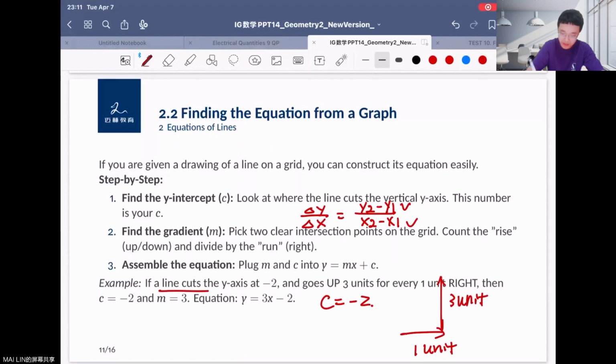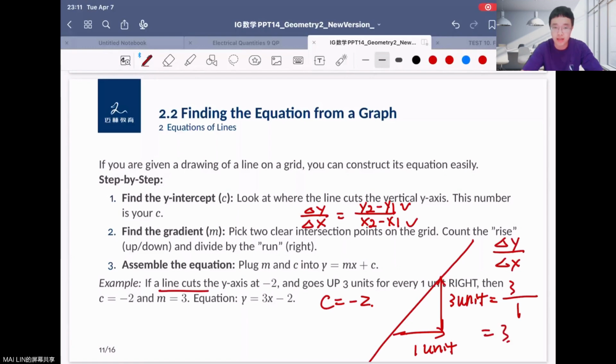So change in y over change in x is 3 over 1 equals 3, right? That is the gradient. Then you put it into the equation y equals mx plus c, right? So y equals 3x plus c, where c equals -2. So you can write that as y equals 3x minus 2, okay? That is the equation.